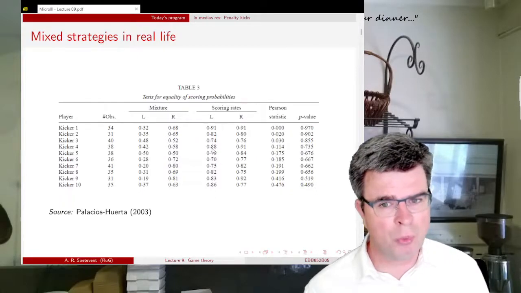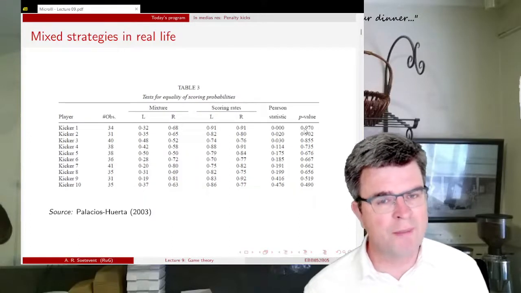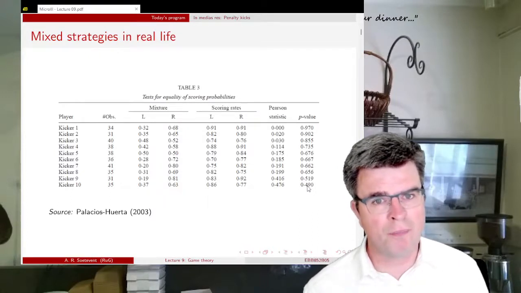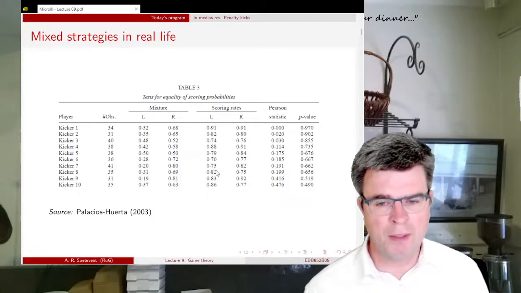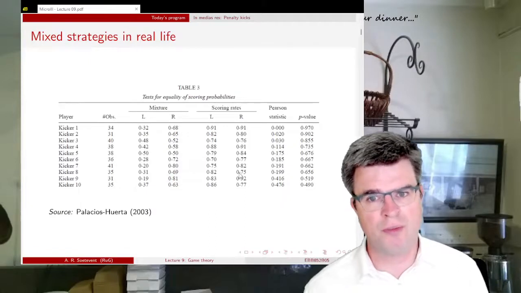But if you look at the scoring rate of the individual players, then you will see that for each of the actions, the scoring rate is almost identical. So you can run a statistical test and you find p-values, and the p-values are quite high. They're never below 5%, meaning that these differences are never statistically significant.